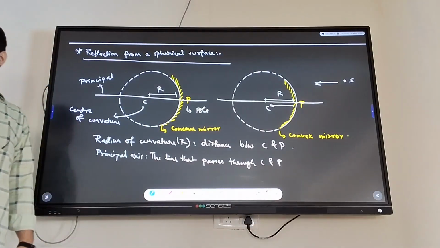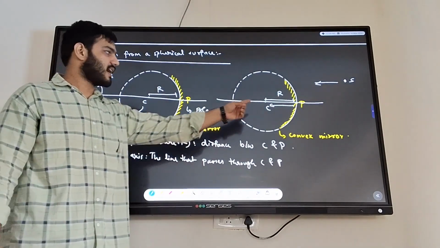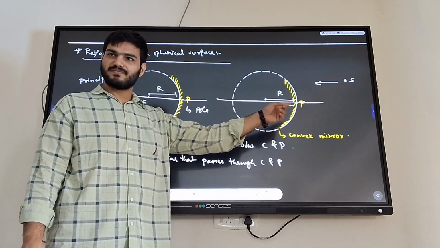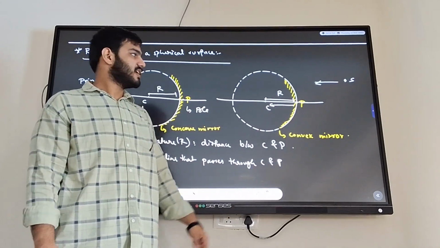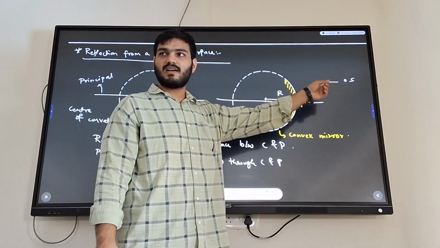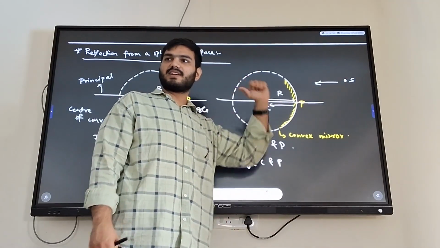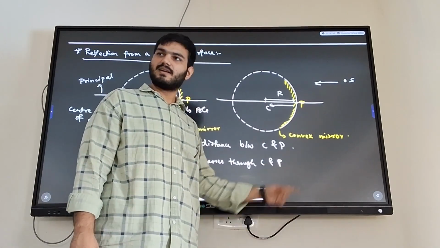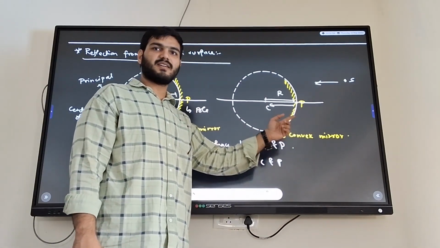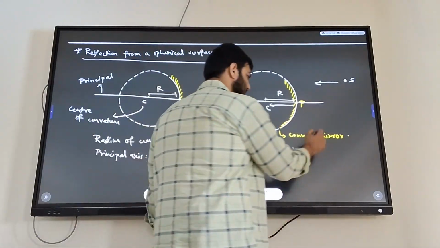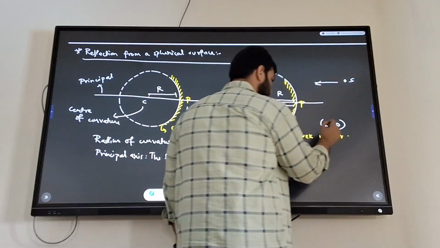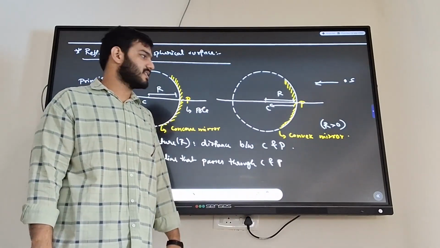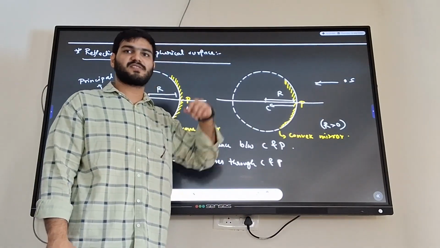If you remember sign conventions, is R greater than 0 or less than 0? In this case, greater than 0, because the direction of the incident ray and the direction in which we calculate R are the same. That's one of the characteristic features of a convex mirror, that the radius of curvature is positive.